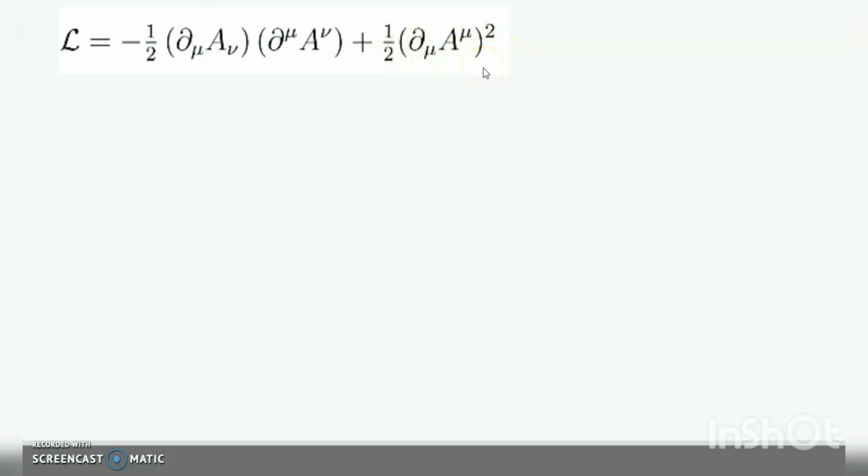So friends, notice the minus signs. This minus sign is to ensure that the kinetic terms for A i are positive using the mostly plus Minkowski space metric. L is proportional to half into A dot whole squared. Okay.